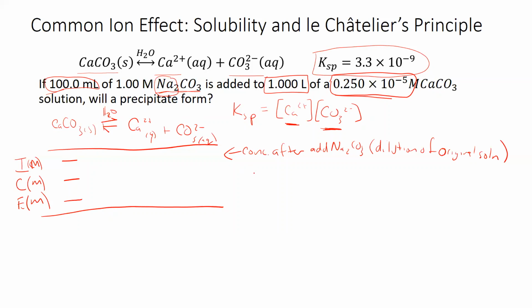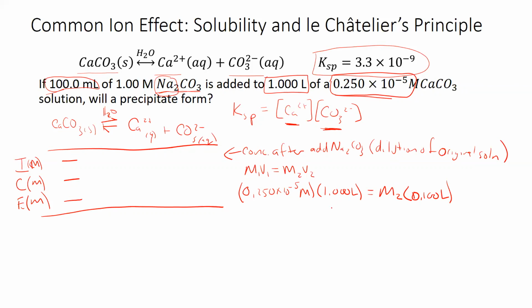Now, if we don't take into account the added carbonate yet, we can take that into account in the change. So if we do that, we have essentially an M1 V1 equals M2 V2 calculation. Once we do the dilution, our M1 is 0.250 times 10 to the minus 5 molar. Our V1 is 1.000 liters, is equal to M2, which is what we're calculating here, and V2, which is 0.100 liters.